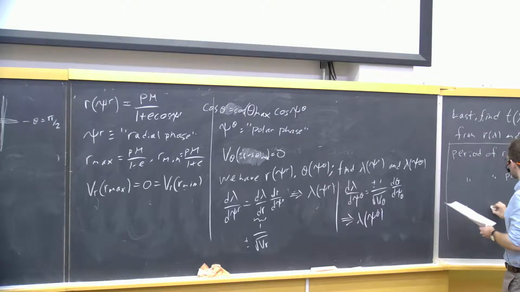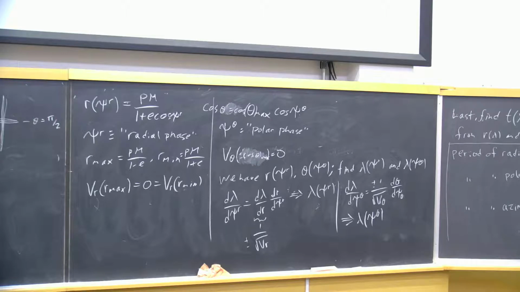So the period of the azimuthal motion is lambda phi equal to the integral from 0 to pi of d phi over v phi. So again, just the integral over one passage.